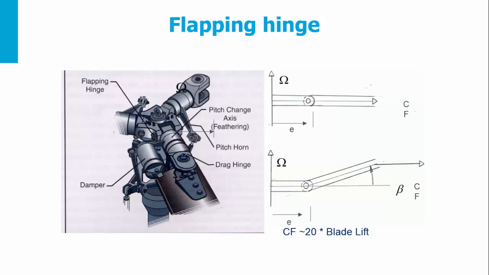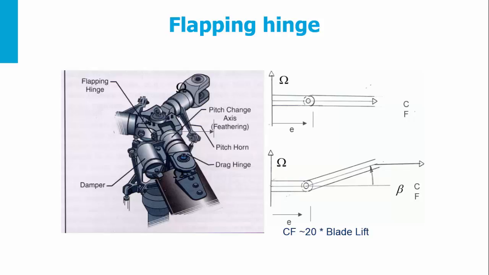And you see also the so-called drag hinge, the lead-lag hinge, which allows the motion of the blades in the plane of the rotor, and which is usually also damped by a damper introduced in the hub system.